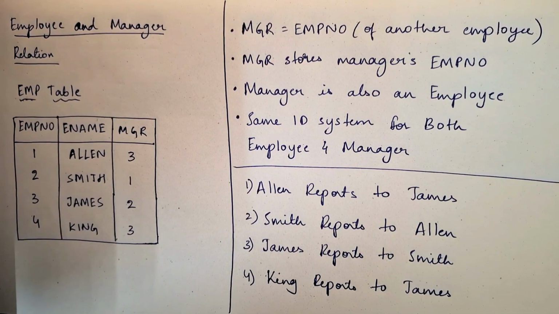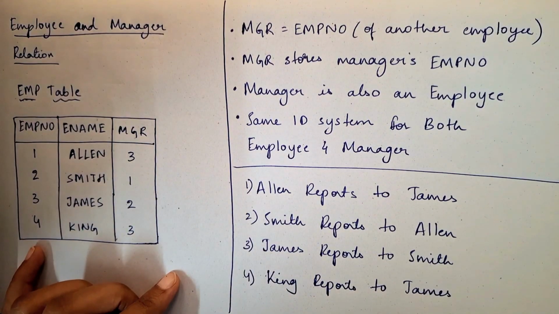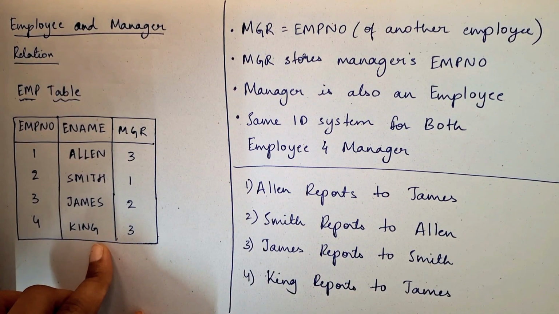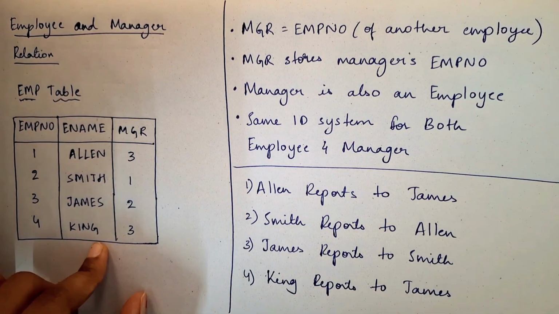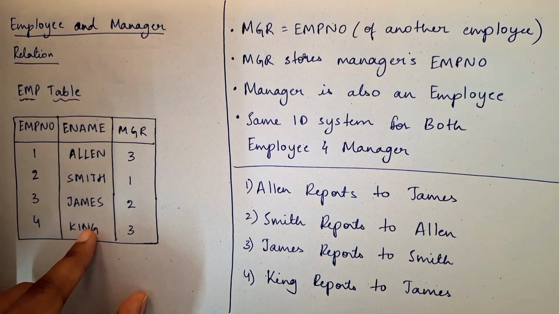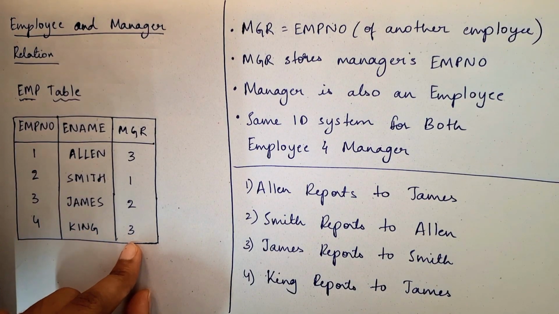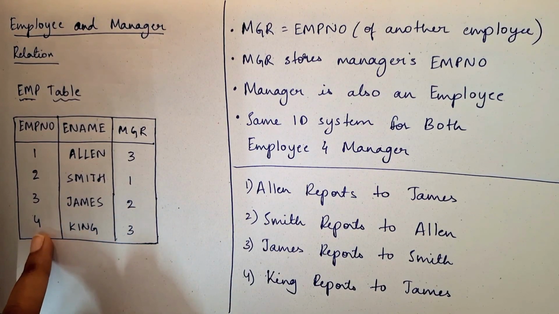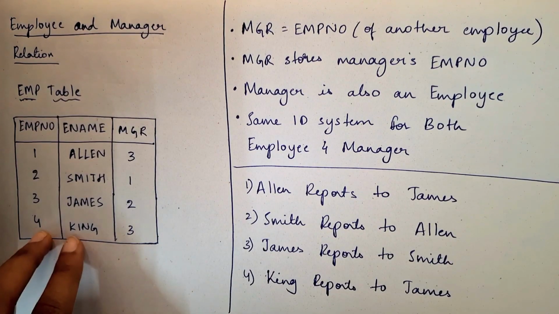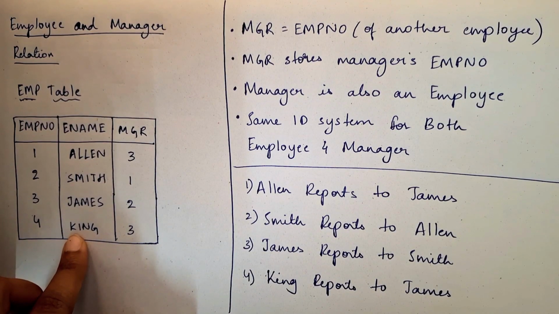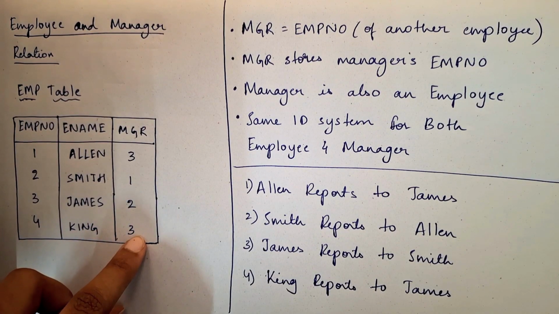Now let's understand this table properly because this is very important. Here we have an EMP table which contains 3 columns, that is employee number, employee name and MGR. Employee number represents the employee number, E-name represents the employee name, and guys here MGR represents the manager of that employee.